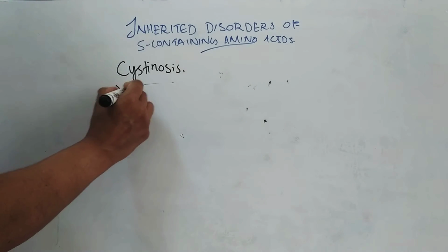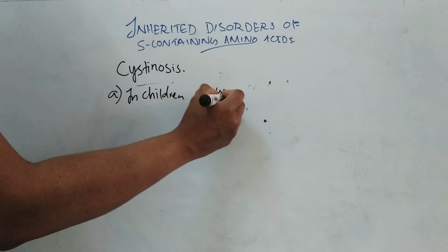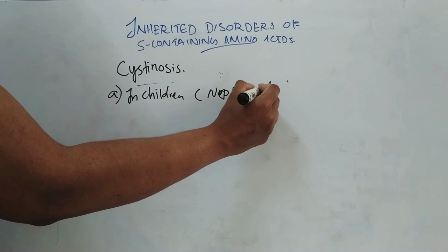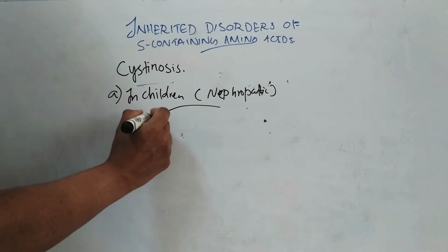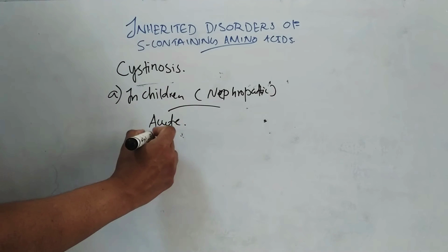First one, in children, it is nephropathic. Here, it is acute and it can lead to renal insufficiency.